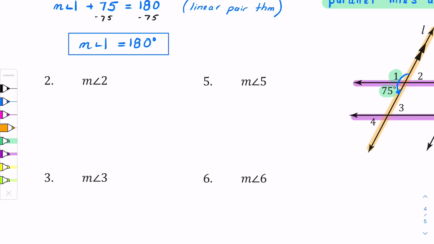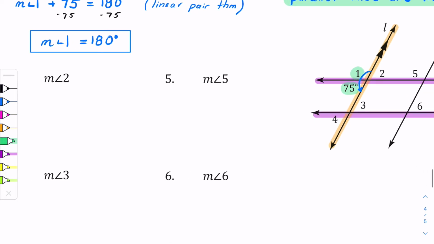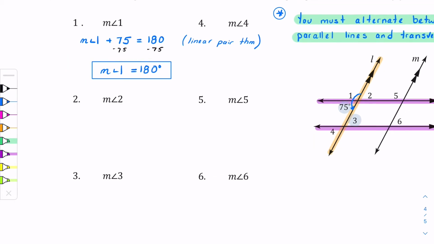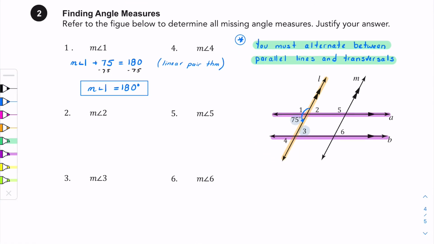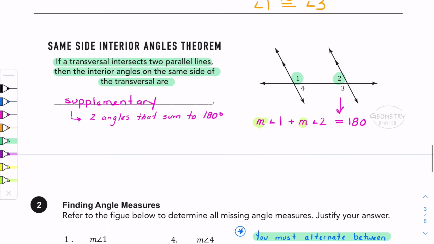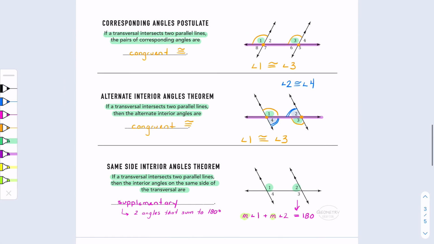Now let's look at the measure of angle 3. The measure of angle 3 is located here. And it appears to me that 3 and 75 are what we call alternate interior angles. If I scroll up to my potential theorems, we have these 3 to choose from, and then we have vertical angles and linear pair.